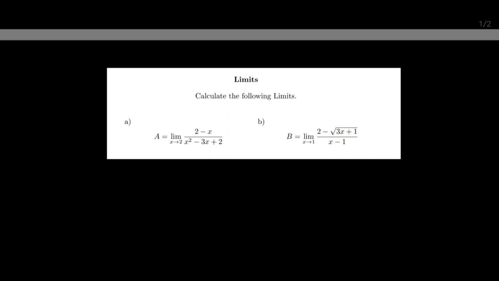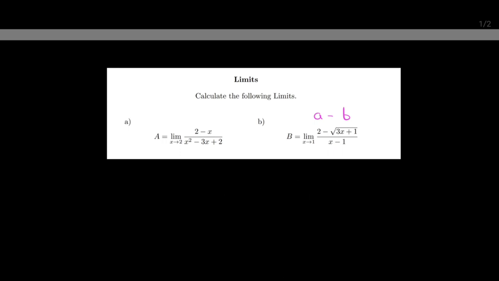We will use the identity a squared minus b squared is equal to a minus b times a plus b. And here we can identify a minus b, because now we will have a squared, which will be 4, and minus b squared, minus this whole thing squared. And so we will get rid of the square root. How do we do that?